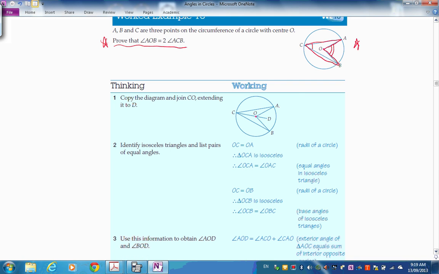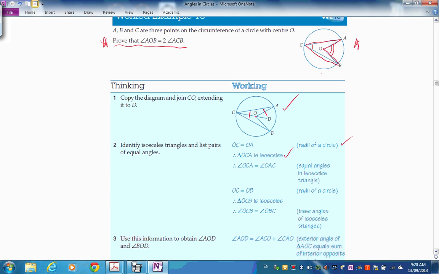We first of all copy down the diagram, and here we're actually extending CO to D a little bit. So let's look at some congruent triangles here. You can see that OC equals OA because they are equal radii. Triangle OCA therefore is isosceles, so let's just mark that in, that are both equal.